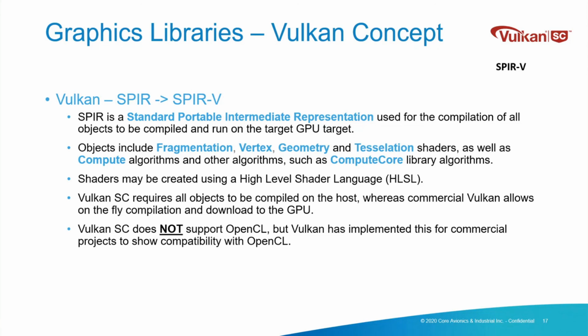But we don't support it on Vulkan SC, yeah? Okay. But the reason that Khronos are allowing OpenCL to be used with Vulkan, SPIR-V, is to allow the movement of people using OpenCL to eventually use Vulkan, yeah? Because in the end, OpenCL will be removed, maybe 10 years from now, yeah?